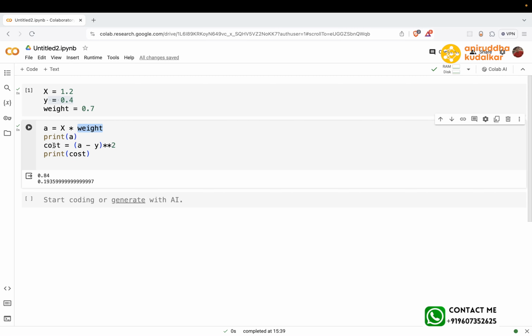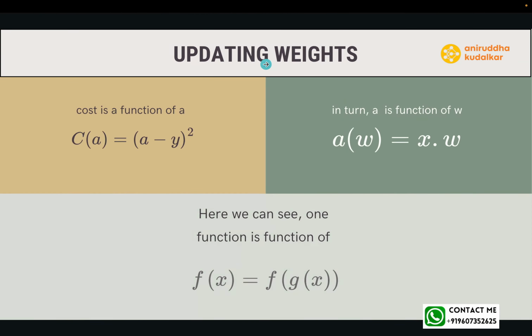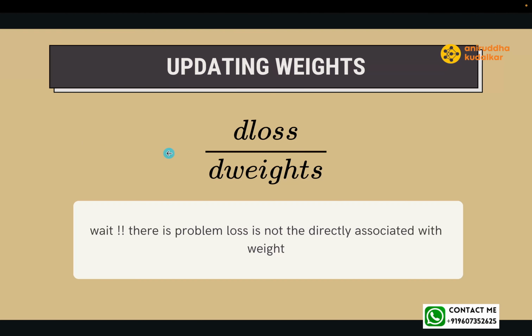Indirectly they are associated. So cost is a function of A: C of A equals (A minus y) squared. This is the equation we have written.